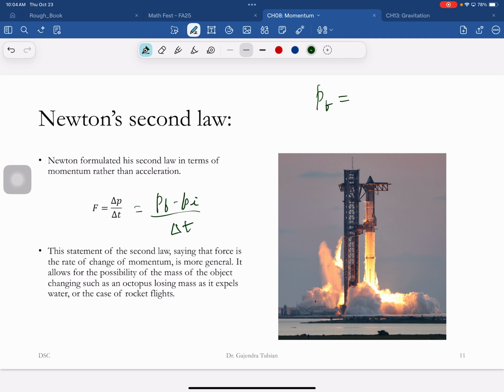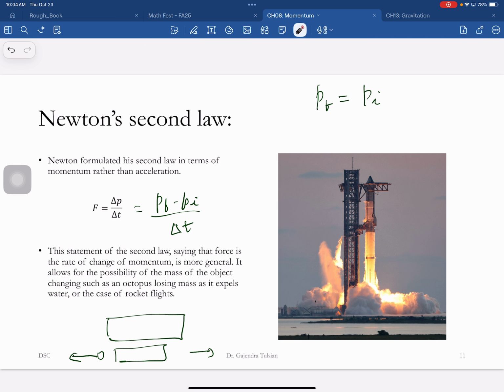Let's consider a rocket in space. This is at rest, and there's no force acting on it. If it wants to go forward, it has to expel hot gases backward. And here's the amazing thing. It can keep speeding up by expelling all these gases, and the total momentum of all of this will be equal to 0, which was the initial momentum.